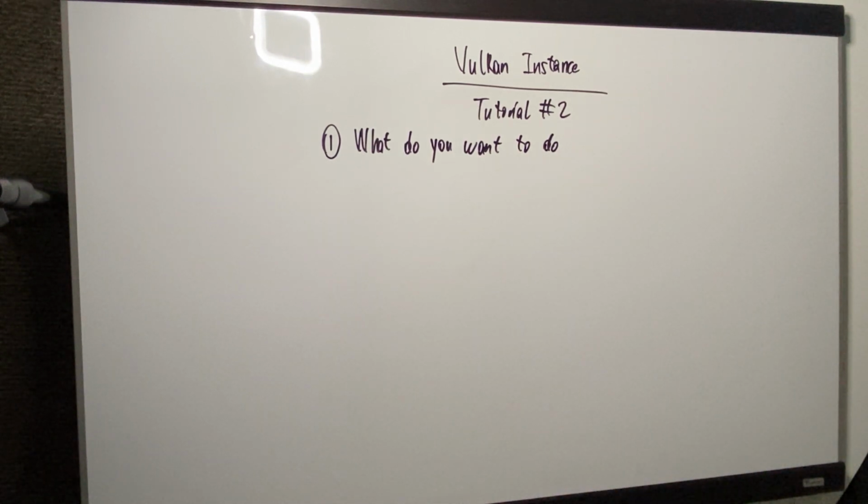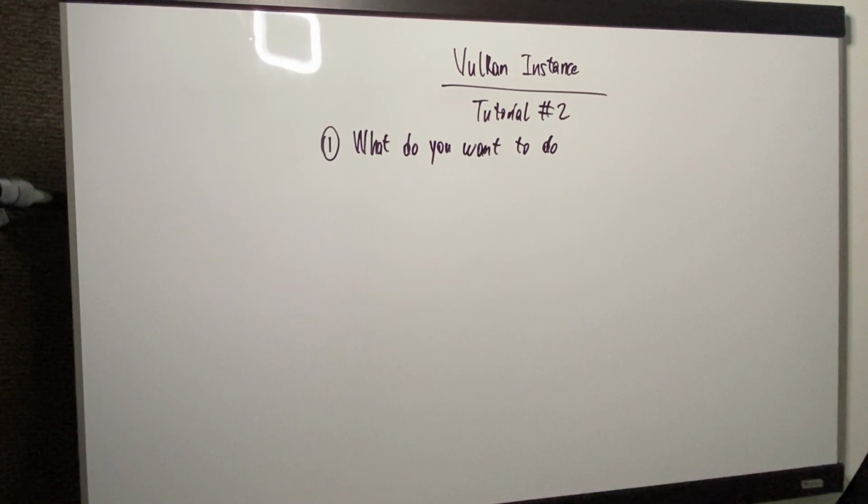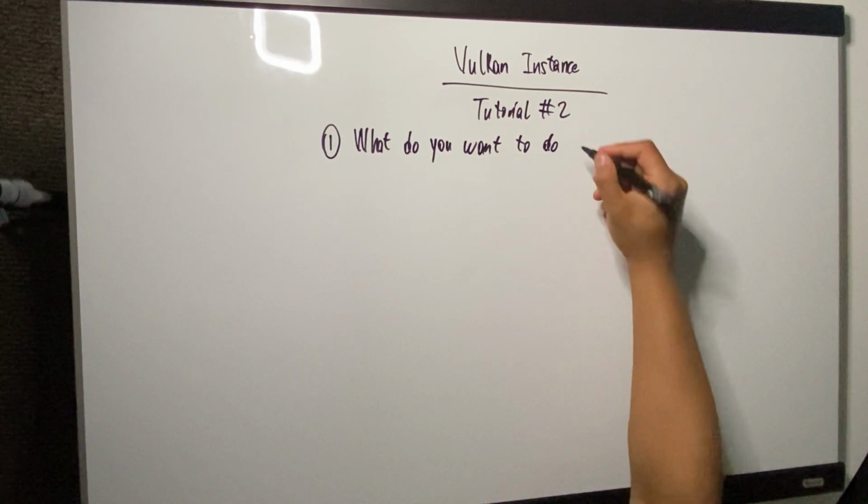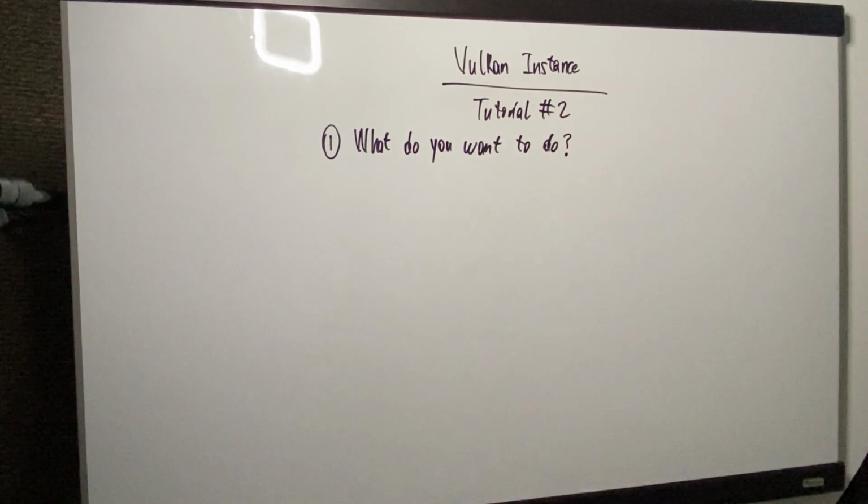Vulkan has the ability to do computer graphics, which is putting a pixel on the screen, or you could do compute, which is straight computational tasks, mathematics, processing things, and doing it in a parallel processing manner. So one of the things that an instance does is you're communicating to Vulkan what it is you want to do, right?